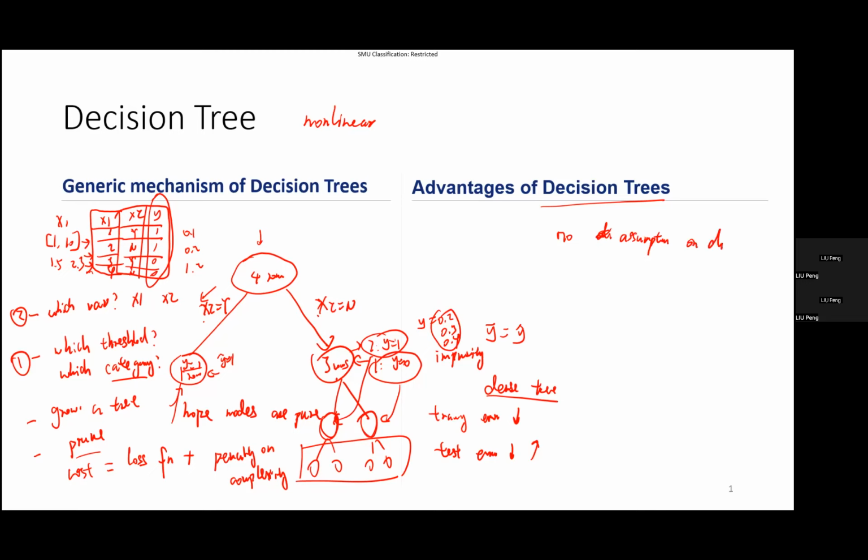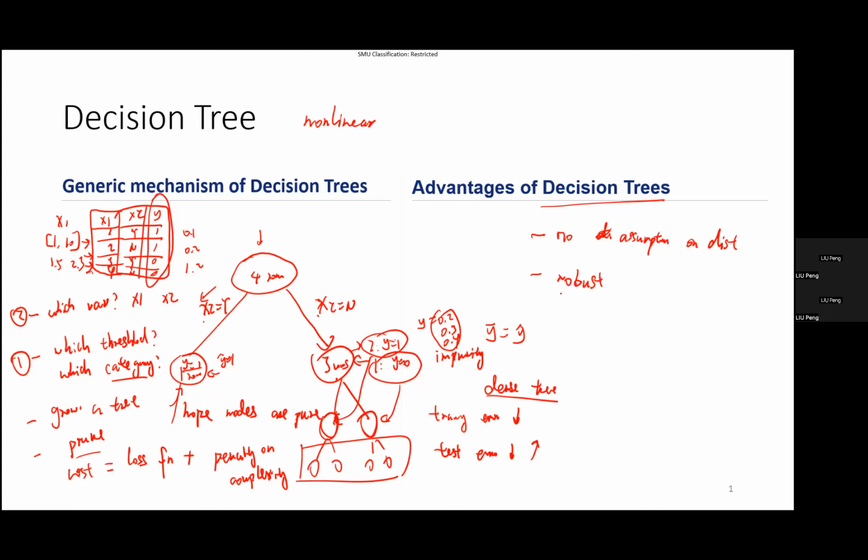This comes up a lot in simple models, for example linear regression and logistic regression, because we require the data to follow a specific distribution. For example, Gaussian distributed, or in logistic regression, we assume the y, the target variable, follows a Bernoulli distribution, right? So in this case, we don't have any assumption on the distribution, and also it is robust, right?